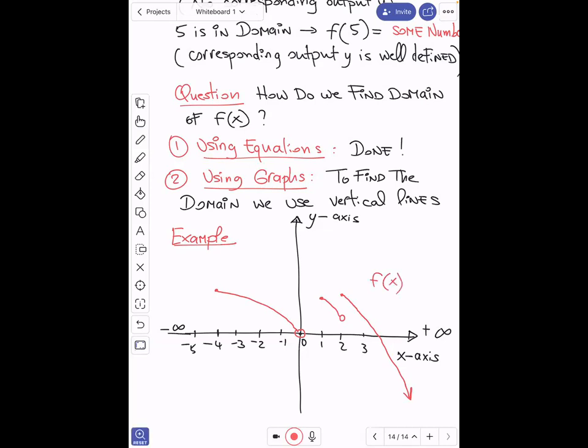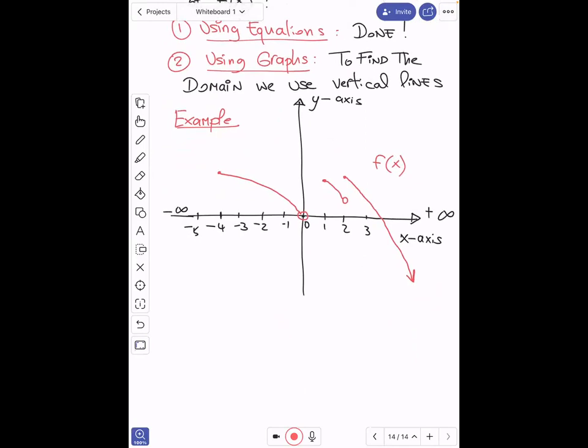So now I want to find the domain. So the question, of course, is to find the domain. As I said, the idea would be to use vertical lines. You always start from the left, and you always go from left to right.